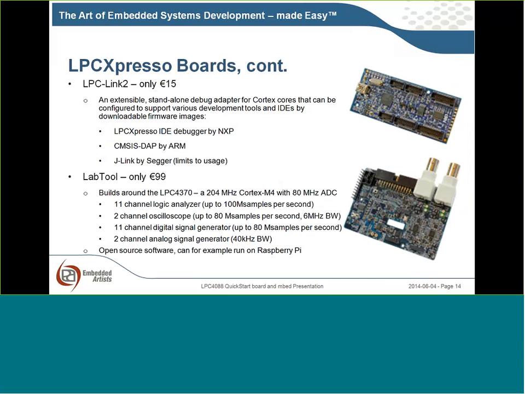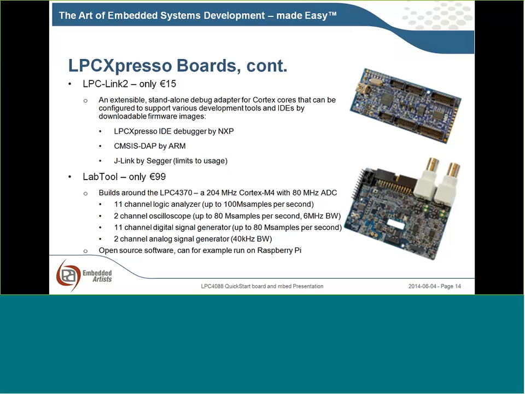Also part of the LPC Expresso family is the LPC Link 2. That's a quite unique board. It's an extensible standalone debugger adapter for Cortex-M that can be configured to support various development tools and IDEs by downloading different firmware images. So for example, if you use LPC Link 2 as the debug adapter under the LPC Expresso IDE, then in this case you don't need to download an image because that is what the LPC Expresso IDE does.